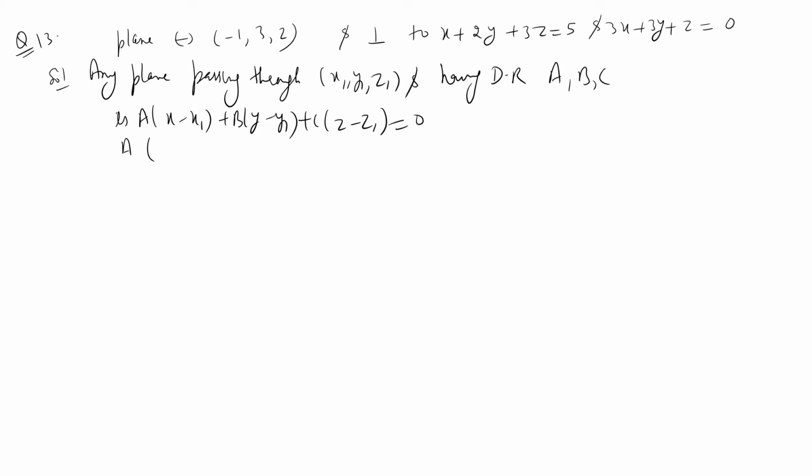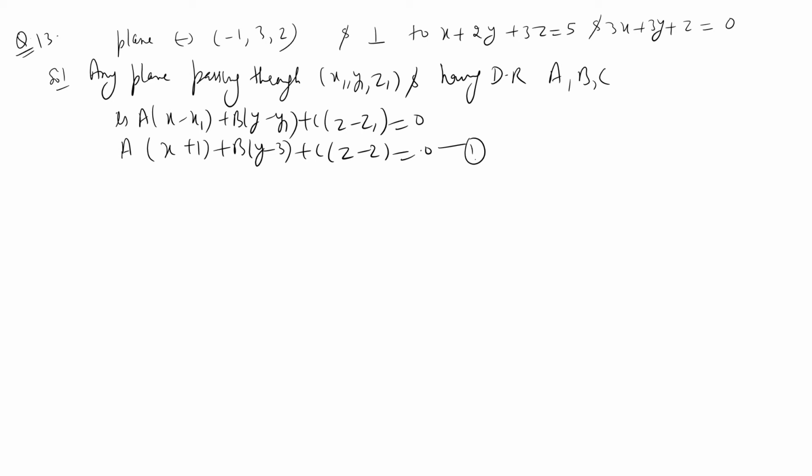So this is a into (x plus 1) plus b into (y minus 3) plus c into (z minus 2) equal to 0. So this is the required plane. I'm just short of these direction ratios, and otherwise I'll get the answer.